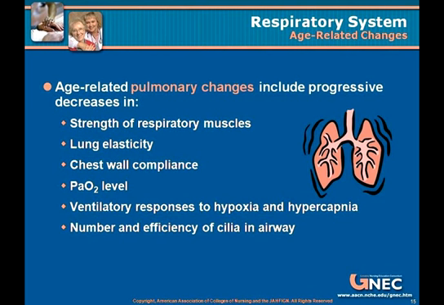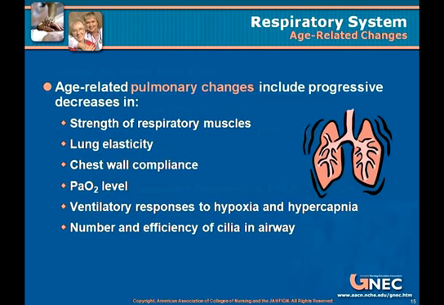What that results in is a greater risk of respiratory tract infection and reduced ventilatory capacity. So adjustments in assisted breathing and ventilatory settings are likely to be necessary for the older adult.